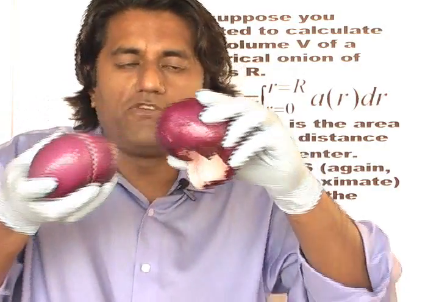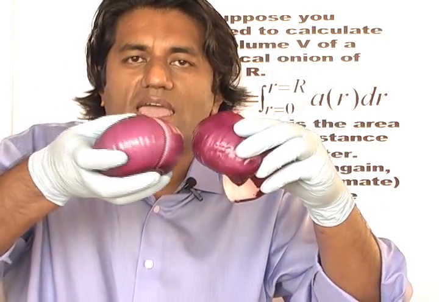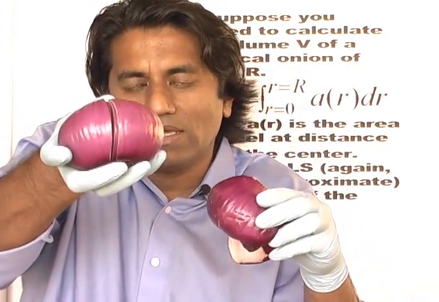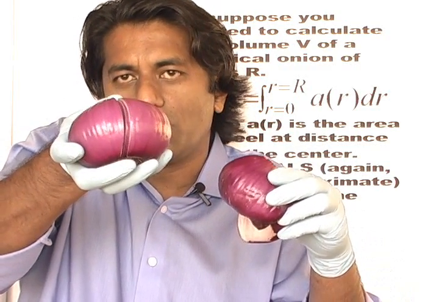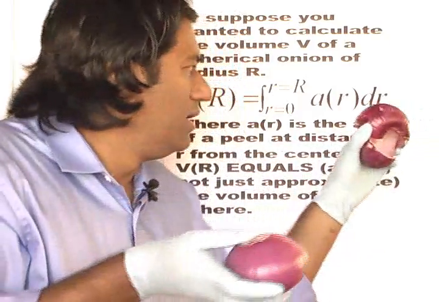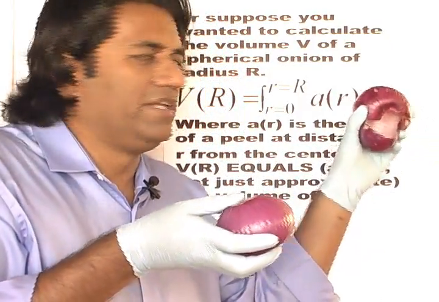So if you originally started with the radius being, let's say, capital R, then the remaining solid sphere has a radius equal to capital R minus the small dr. Okay?